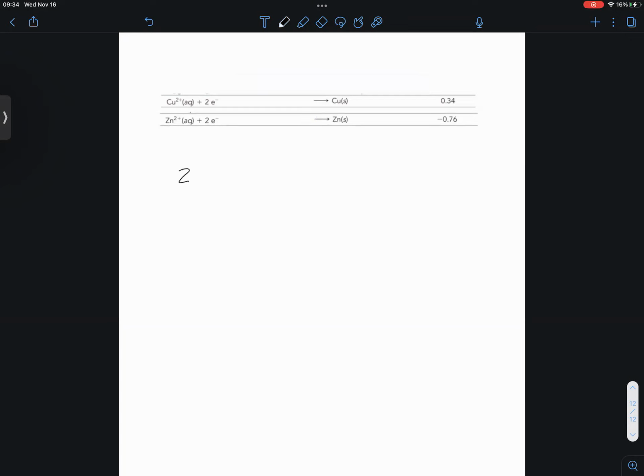And again, our reaction was that the zinc solid was going to zinc ions, and that required the losing of 2 electrons. That was oxidation. And we said oxidation occurs at the anode.